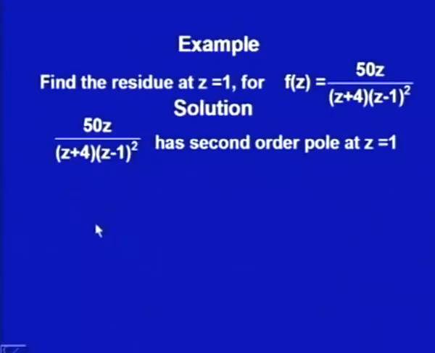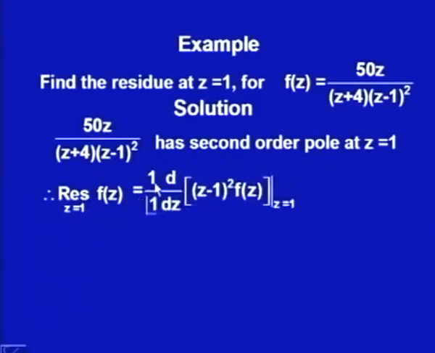So I would use the second formula we just obtained, which says that the residue at z equal to 1 of f(z) is 1 upon factorial (m minus 1), where m is 2 now. So 1 upon factorial 1 times d upon dz of (z minus 1) square f(z), evaluated at z equal to 1.